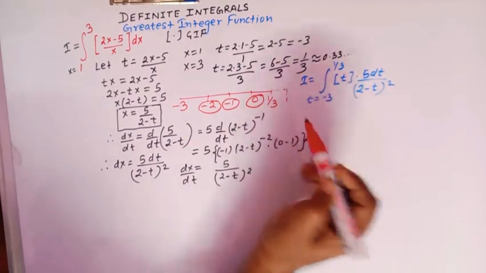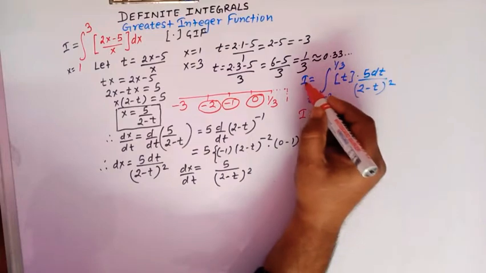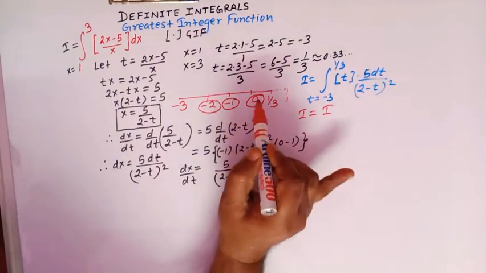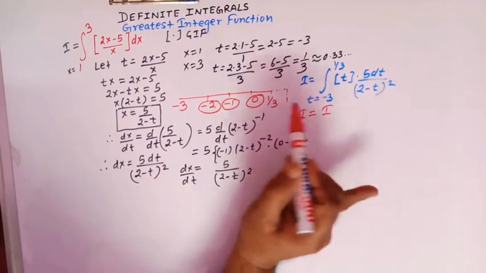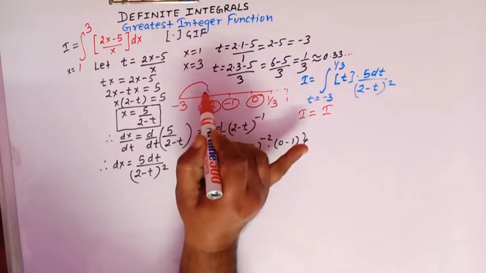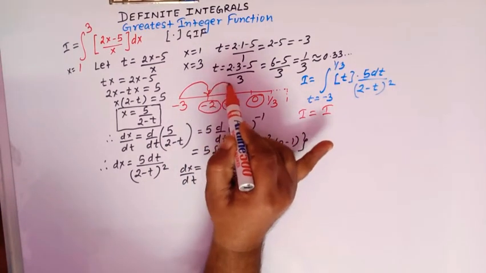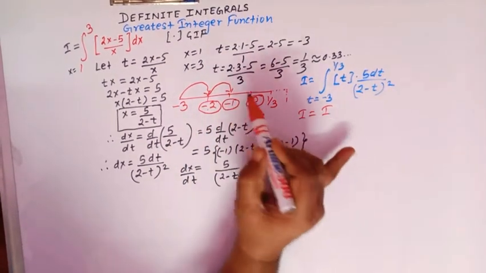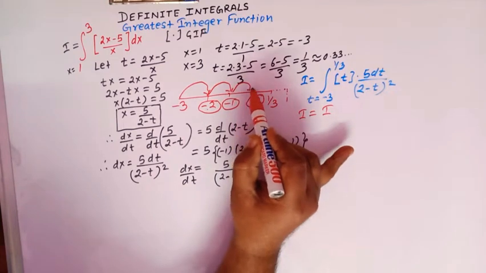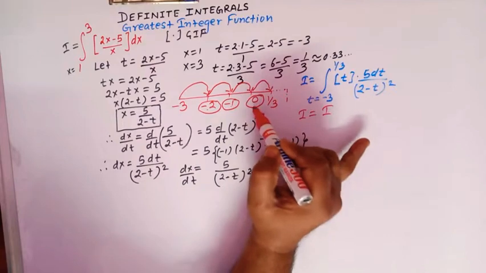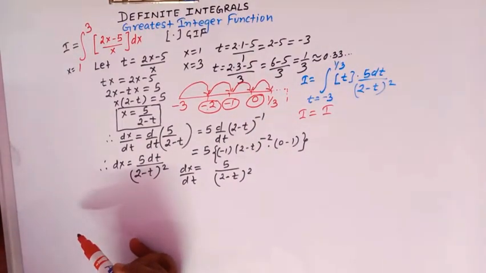So what we will do, we'll break this integral I as a sum of three integrals. Oh sorry, it is four integrals. The first one is from minus 3 to minus 2, the second one is from minus 2 to minus 1, the third one is from minus 1 to 0, and the fourth one is from 0 to 1 over 3.